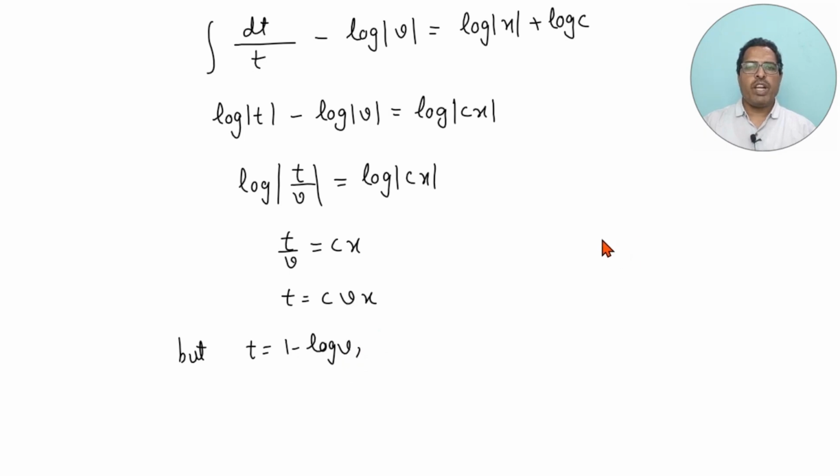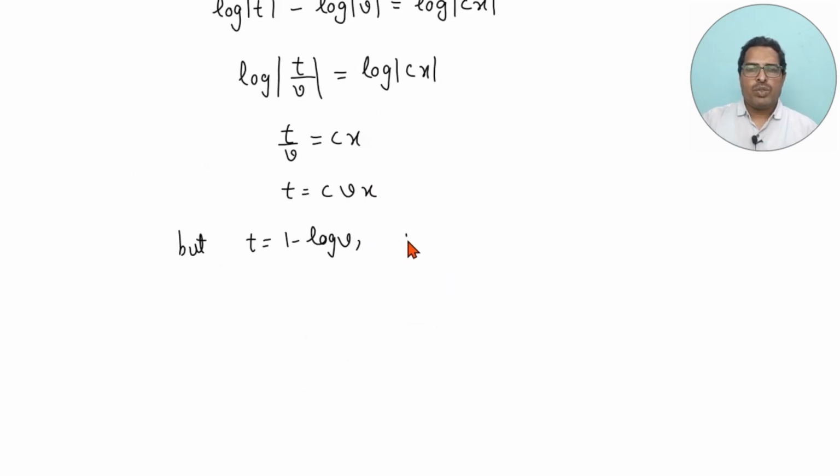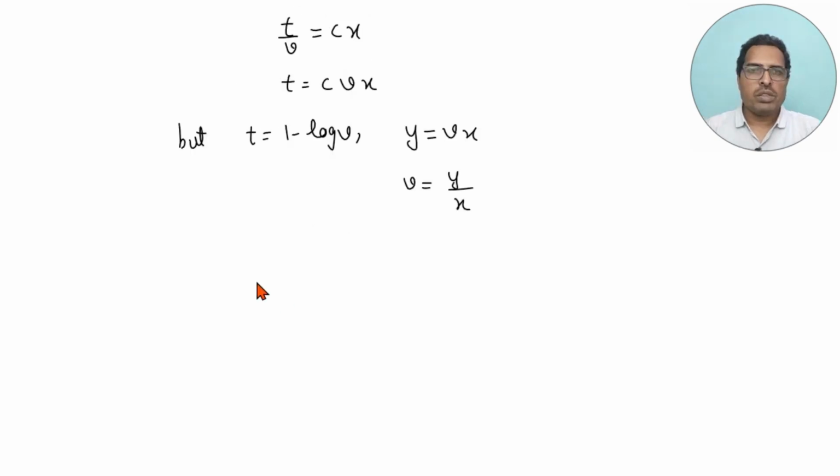What about v value? Initially we have taken the value of y to be equals to vx. From here we can get the value of v. So we have y is equals to vx. So just cross multiply that x on the other side, we get v is equals to y by x. Therefore we can just substitute this value of t as well as v.